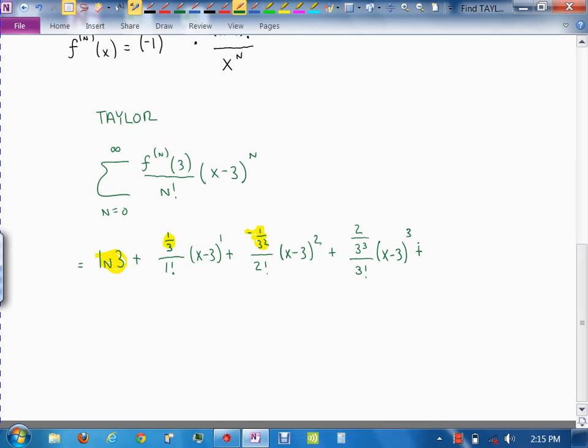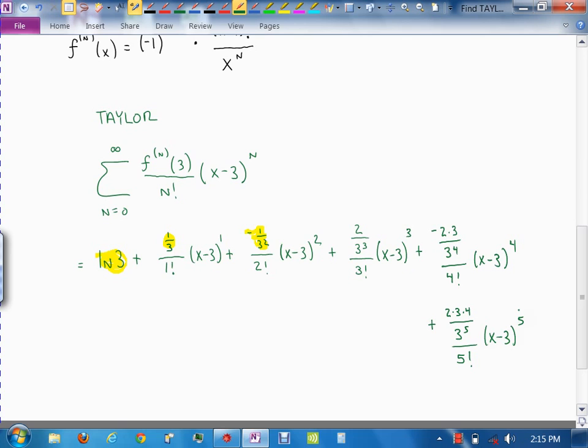Let's go one more. This one would be what? Negative 2 times 3 over 3 to the fourth over 4 factorial x minus 3 to the fourth. One more. 2 times 3 times 4 over 3 to the fifth over 5 factorial x minus 3 to the fifth.